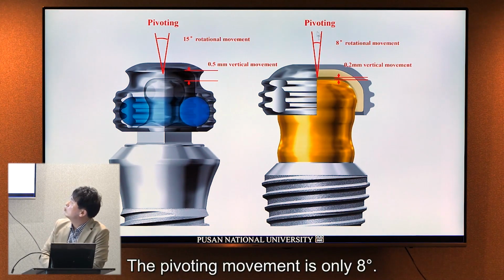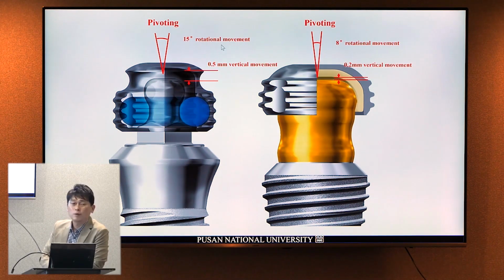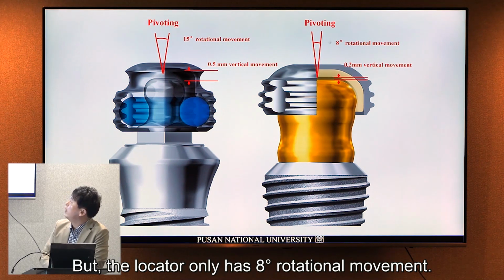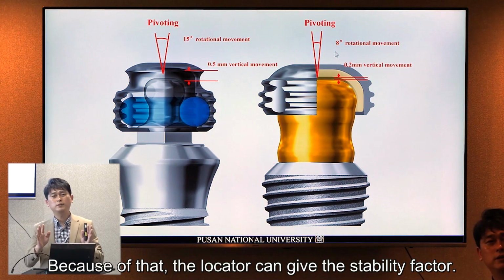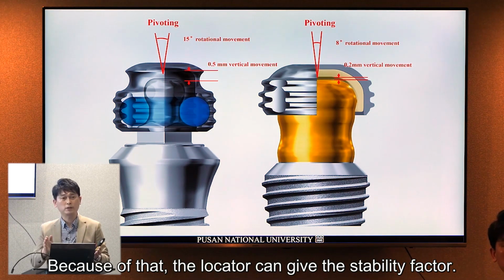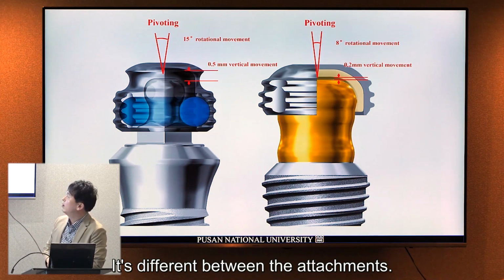And then the pivoting movement is only 8 degrees. In the case of the O-ring, it has over 15 degrees of rotational movement, but the locator has only 8 degrees of rotational movement. Because of that, the locator can give stability factors. So anyway, that is the difference between the attachments.